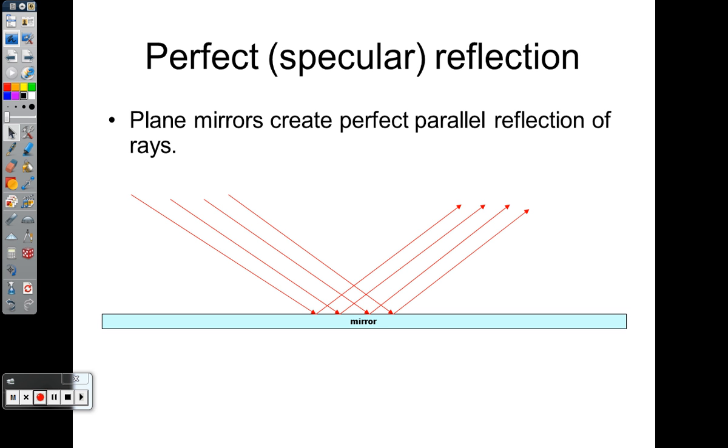Which direction are they going? North south, right? Because they're perpendicular to the mirror surface. Those are our normal lines. So remember that our angles of incidence, which are the source, will be the same as our reflection.